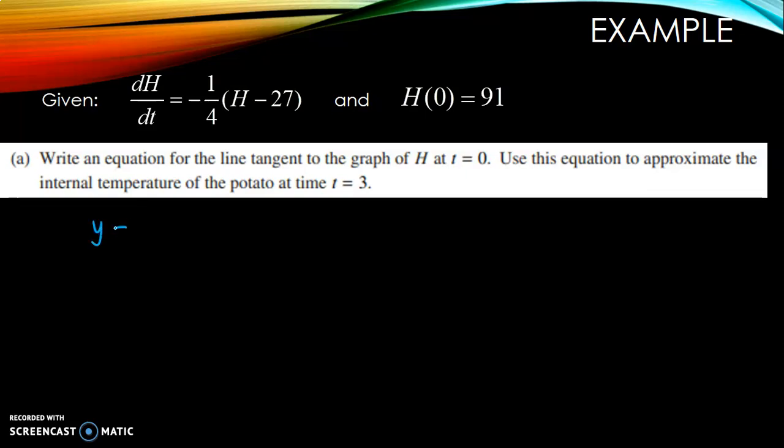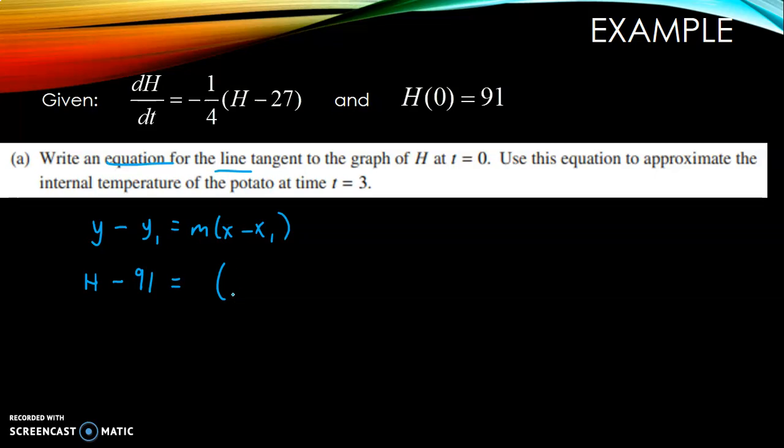So again, anytime we do an equation of a line, whether it's a tangent line or any other line, we're always going to use point slope form when we're in calculus. Now in this case, we're not using x's and y's, we're using h's and t's. So we can think about this as h minus an h value, in this case 91, equals, and then m is what we're going to find in a second.